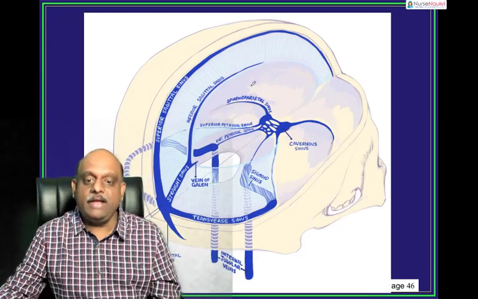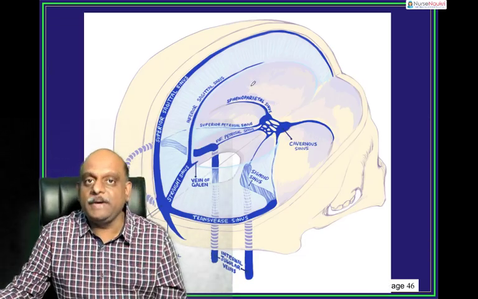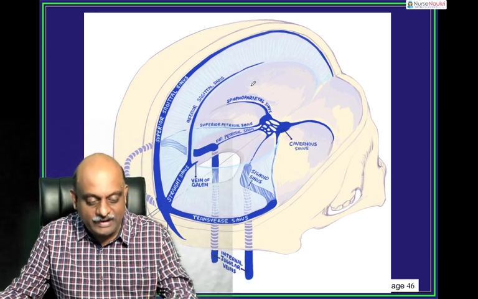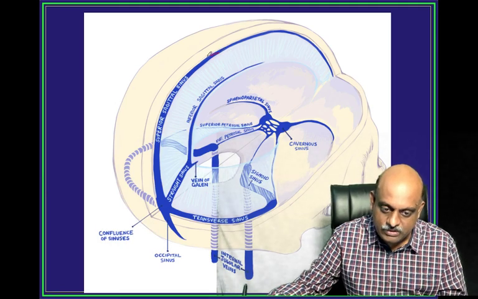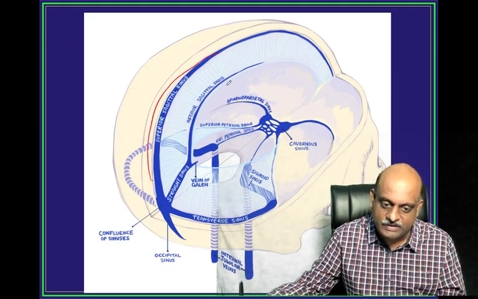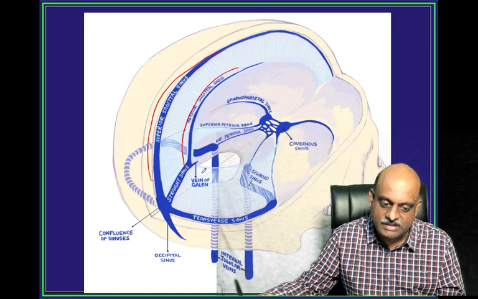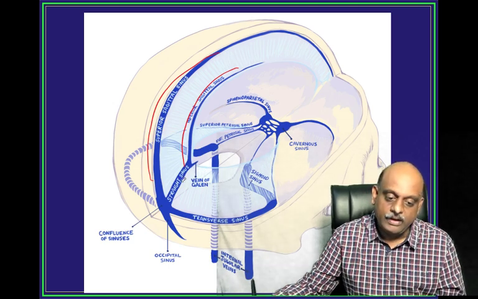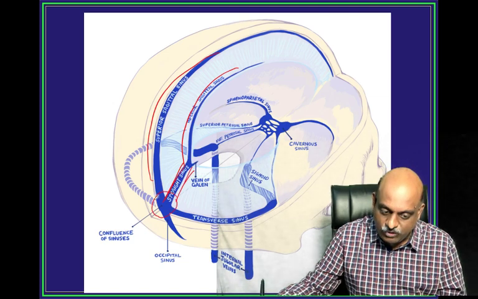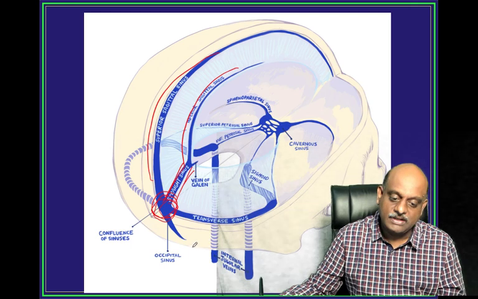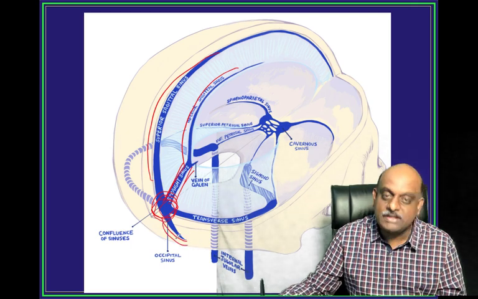So this is another way, a much more cosmetic way of looking at things. You can see this is the superior sagittal sinus, inferior sagittal sinus. These two join through the straight sinus, which is forming the confluence of the sinuses, and this is the occipital sinus.